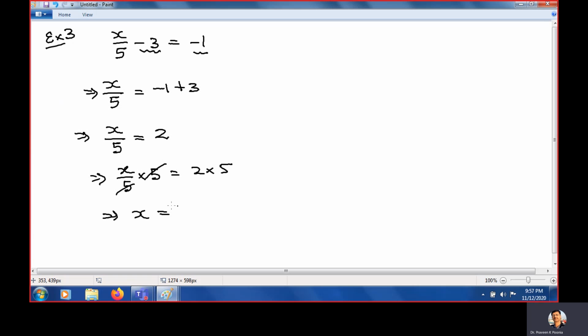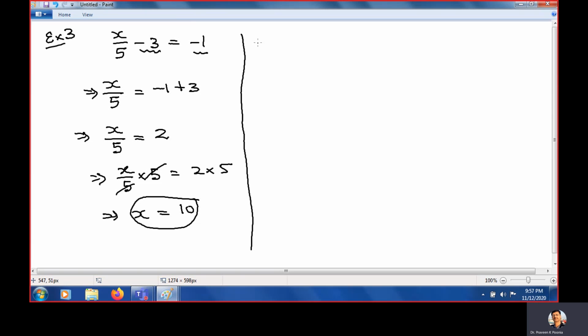This implies x is equal to 2 times 5, which is 10. So this is how we are solving. You need to give attention to this: if it is 5x, to find x you need to divide by 5. But if it is x upon 5, to get x you need to multiply by 5. This is the simple arithmetic principle.